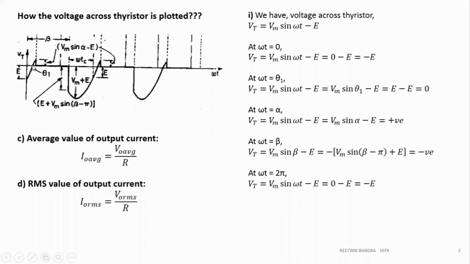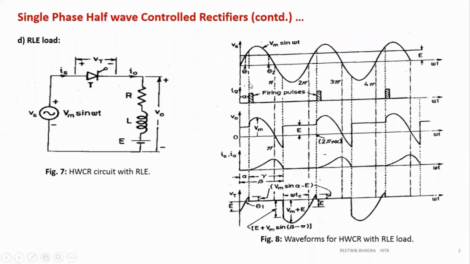Now, next is what is happening at omega t equal to alpha. Now go to the previous figure. At omega t equal to alpha, this is my point. Vm sine alpha minus e, right? We have to do Vm sine alpha minus e. Which is greater?